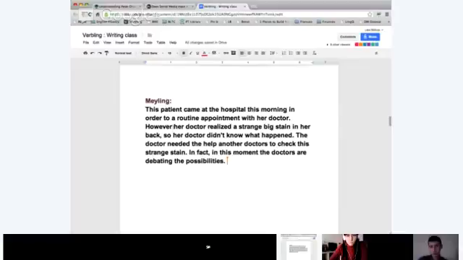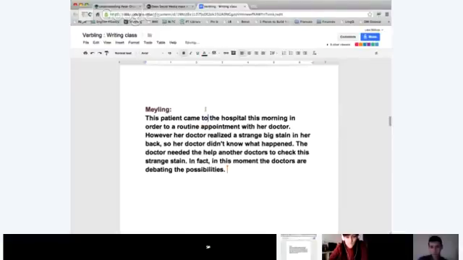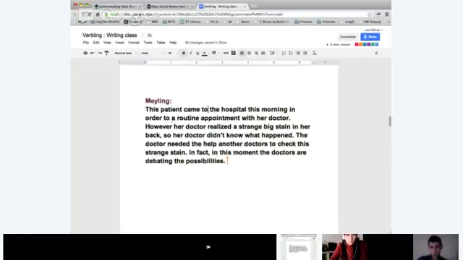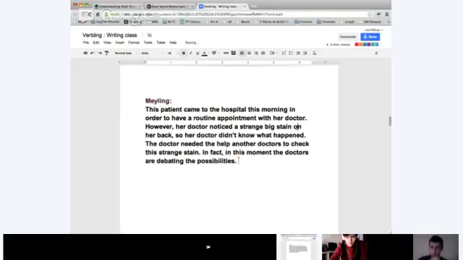Okay, good. This patient came to, we say to the hospital this morning in order to have a routine appointment with her doctor. However, and then we put a comma, her doctor, I would say instead of realized, I would say noticed. Her doctor noticed a strange big stain on her back.